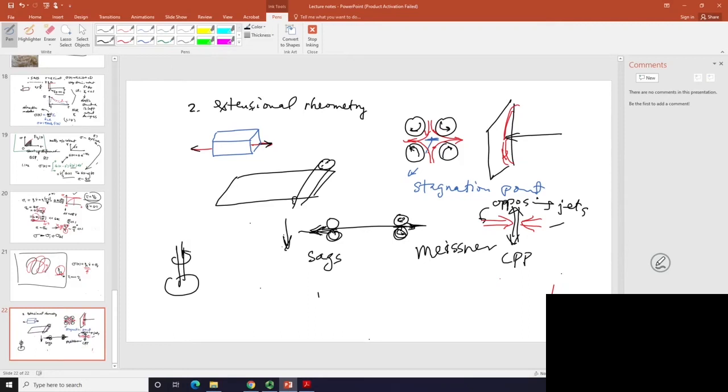The way he does it is he builds two cylinders with a base, so that you can rotate one of the cylinders by mounting it to your rotational rheometer.